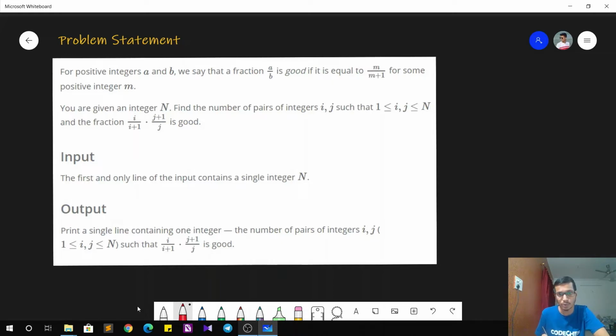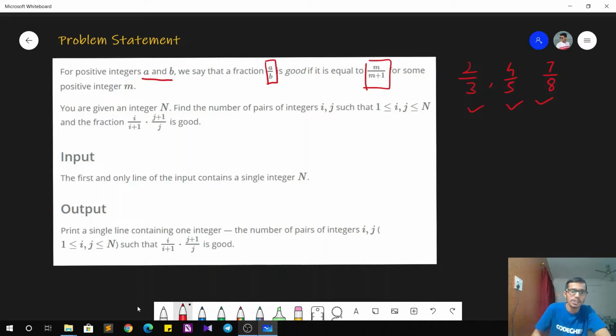It goes as follows. We are told that for positive integers a and b, the fraction a upon b is said to be a good fraction if it is equal to m upon m plus 1 for some positive integer m. For example, 2 upon 3, 4 upon 5, 7 upon 8 are all examples of good fractions.